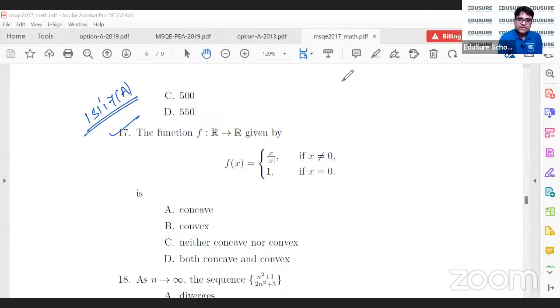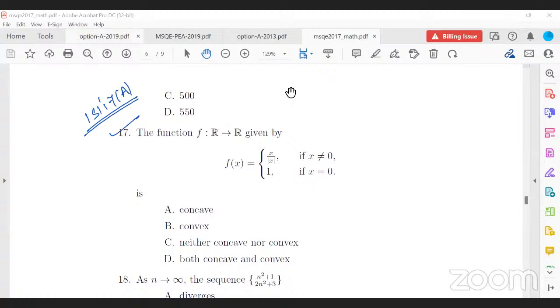Again a convex concave question. Tell me what the answer will be. Do it. Put your answer in the poll. I have launched the poll. Put your answer in the poll. Do it.